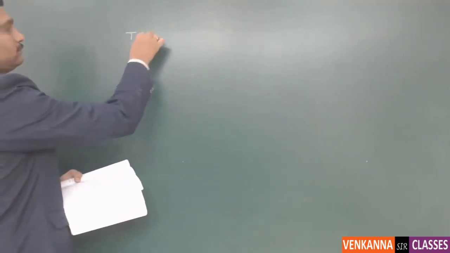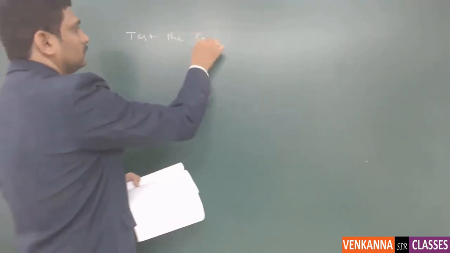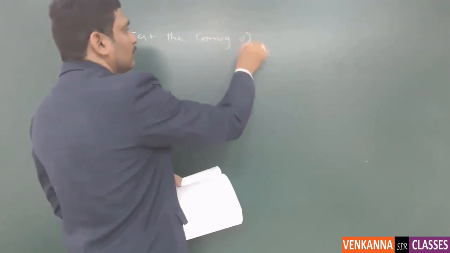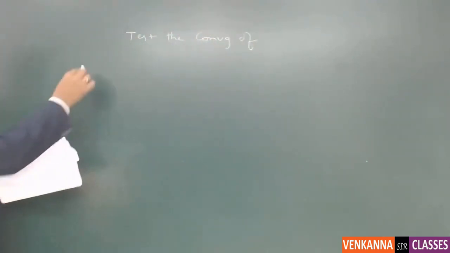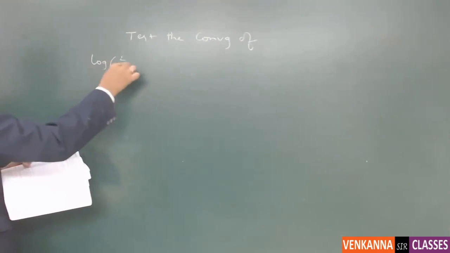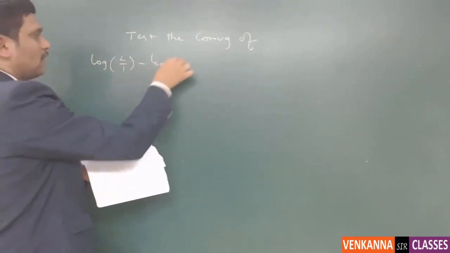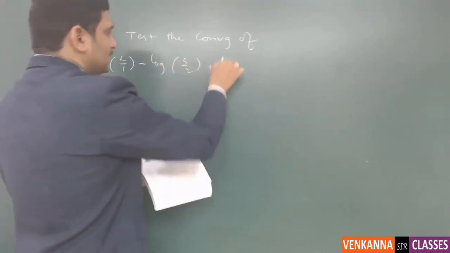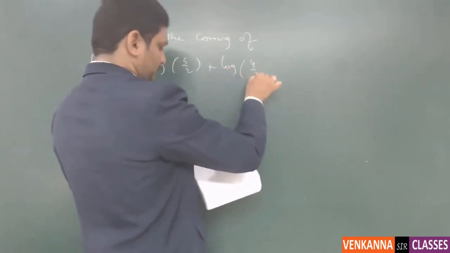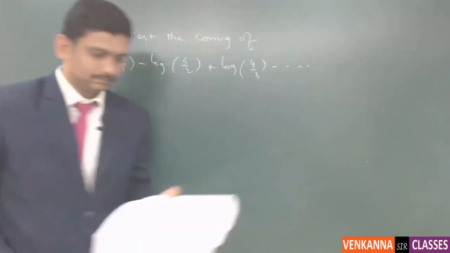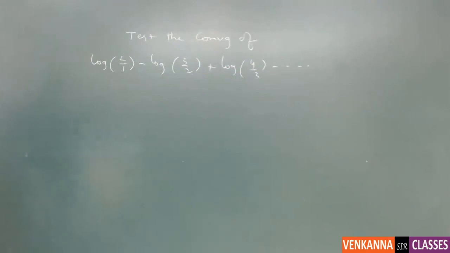So this is the problem. Test the convergence of log of 2 by 1 minus log of 3 by 2 plus log of 4 by 3 and so on. Yes, if the given series is absolutely convergent, then there is no need to find a regular convergence.